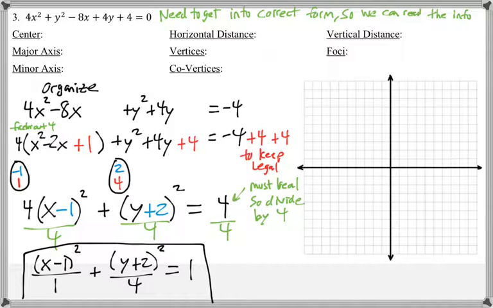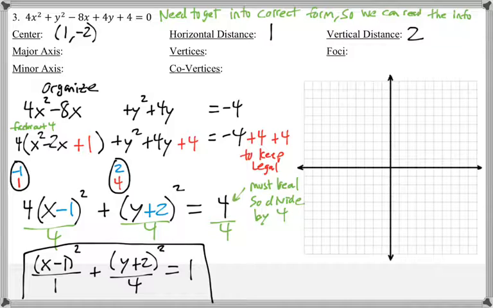So now I'm ready to read the information from this. So my center is going to be 1, negative 2, and I'm getting that from these. And my horizontal distance is going to be 1, and my vertical distance is going to be 2, and I'm getting that from the square root of these. So now I'm ready to draw this.